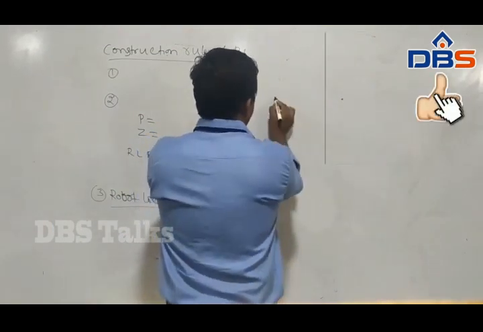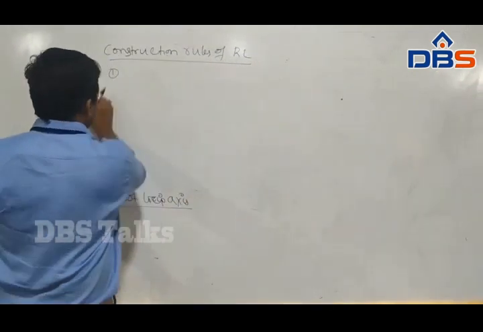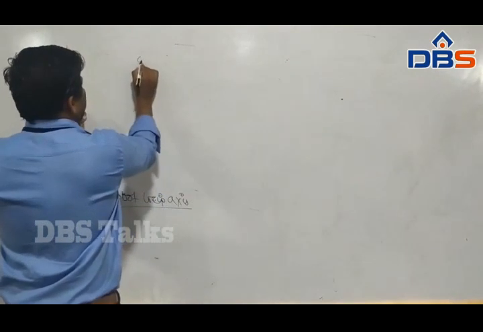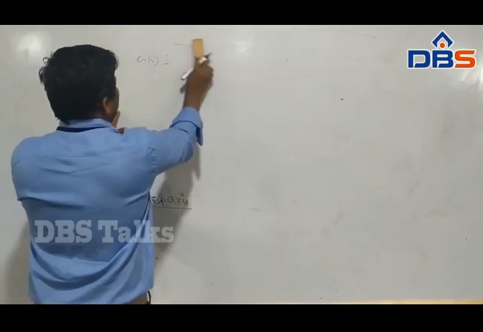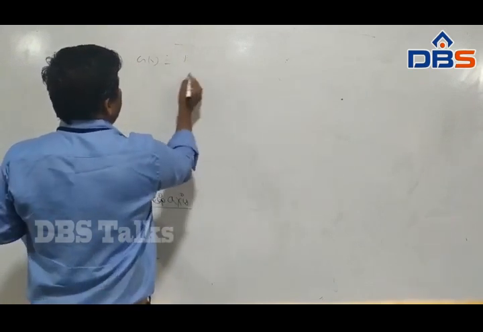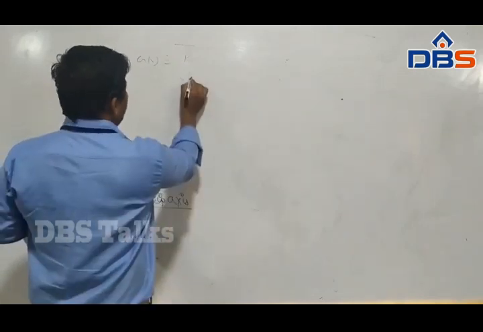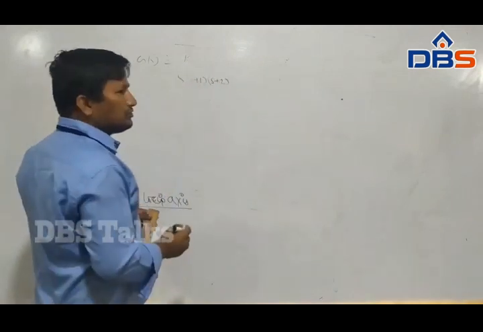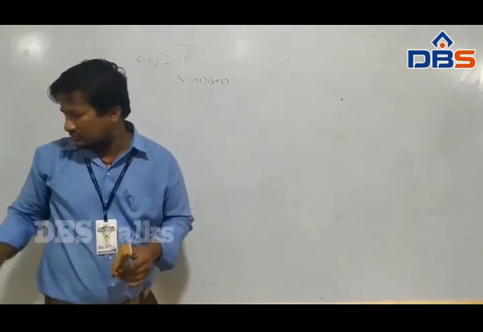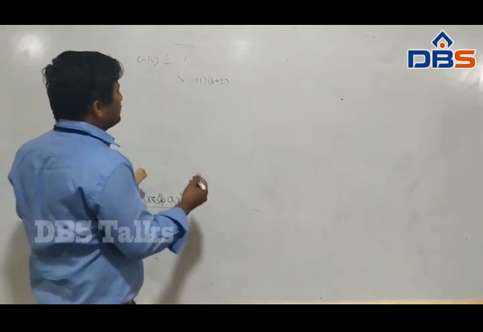Suppose I am taking G of s equal to K by s into s plus 1 into s plus 2.